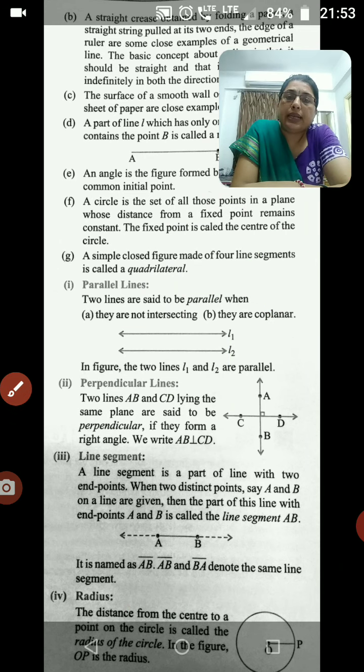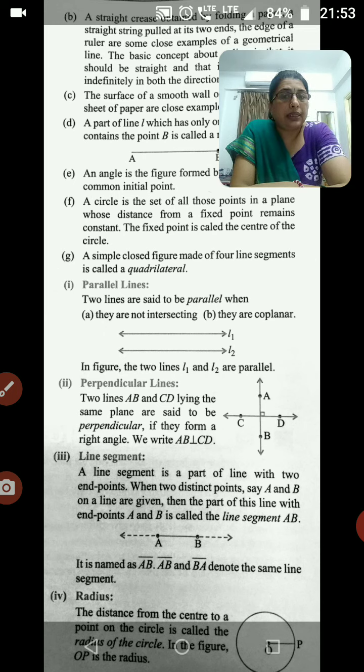Now see the next point, that a simple closed figure made of 4 line segments is called a quadrilateral. Simple closed figure, this you have learned in 8th standard, in understanding quadrilaterals.